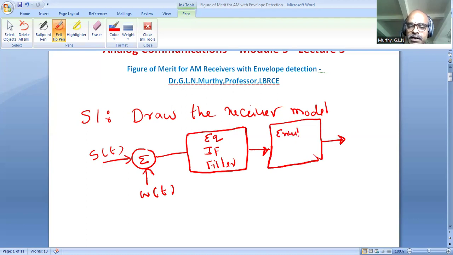Now, in the current discussion, as we are talking about DSB-FC, double sideband full carrier AM, the demodulation scheme used is the envelope detector. As usual, the output of the IF filter is X of t, and the output of the envelope detector is Y of t, which consists of both a message component as well as the noise component.